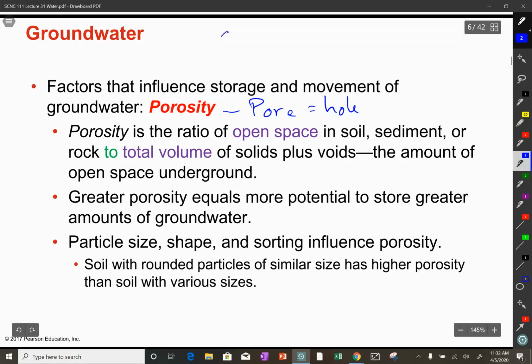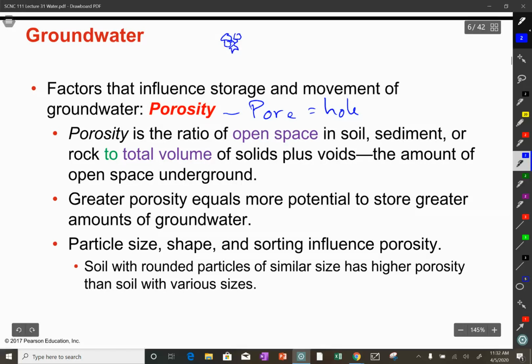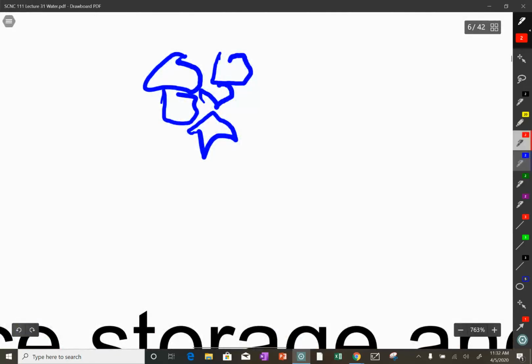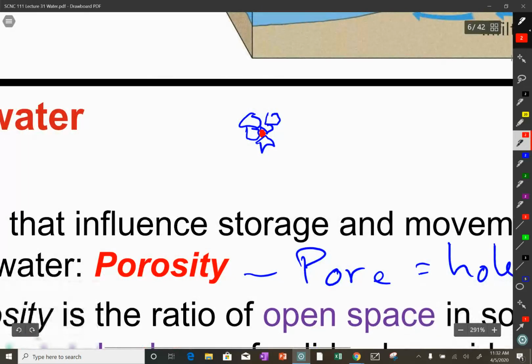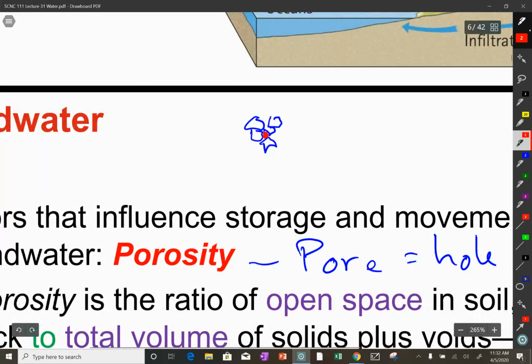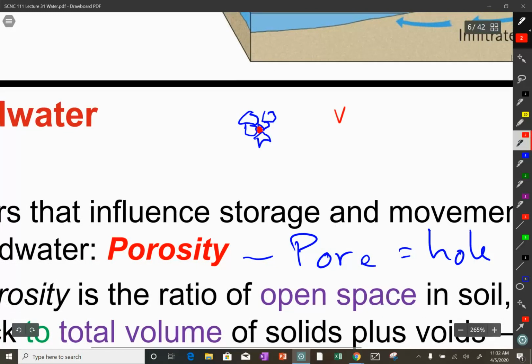So you have soil, and the soil is made up of little grains. And these little grains are all pushed together. But there's little cavities. So if I zoom in on what I just did, you see there's little cavities like this here.